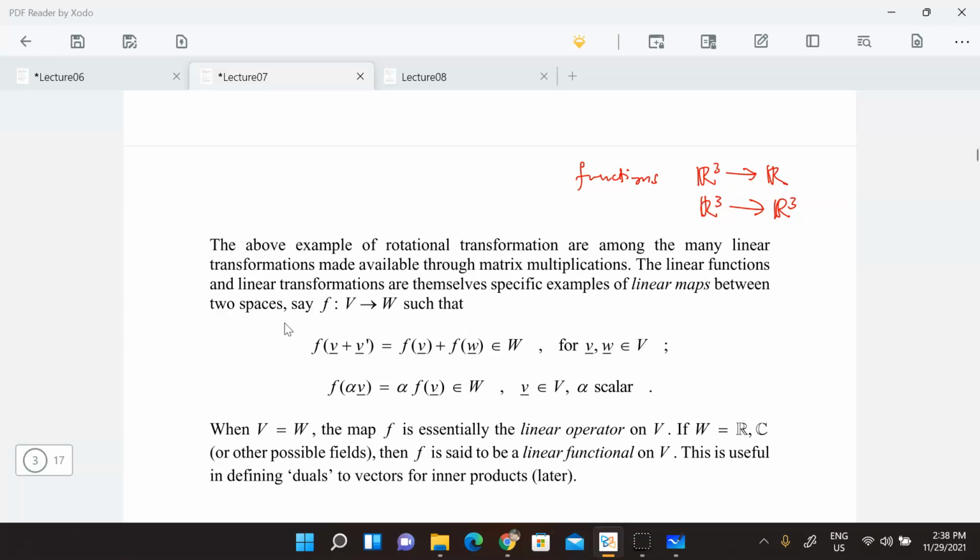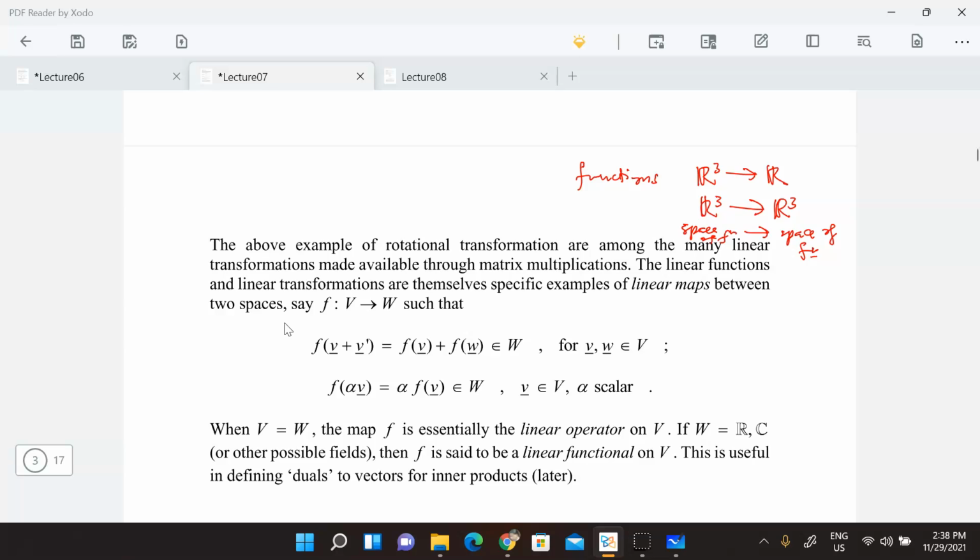And then you have the space of functions to space of functions. So we have generalized this idea of linearity with respect to all these different maps.